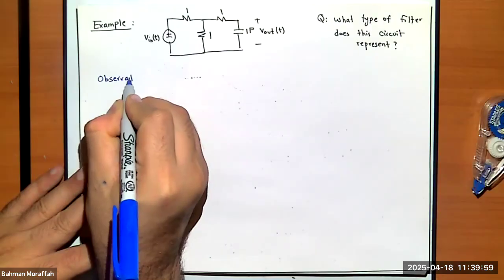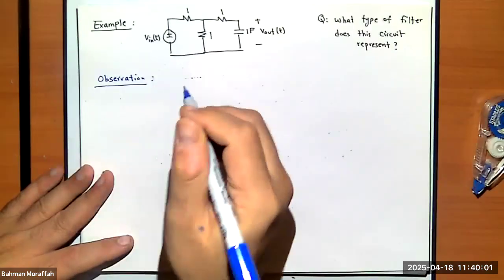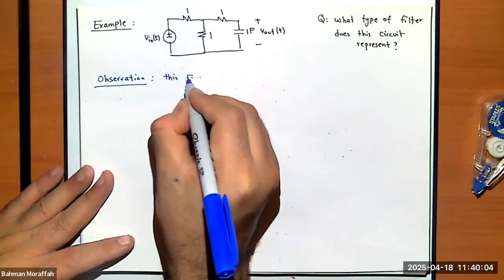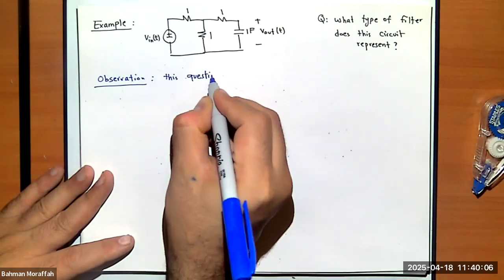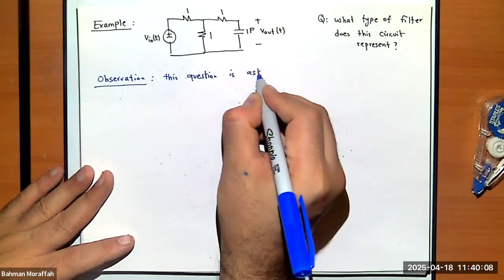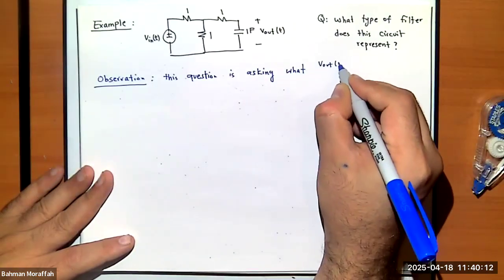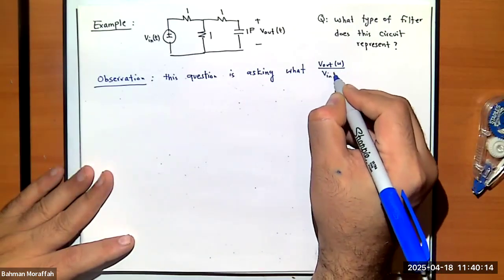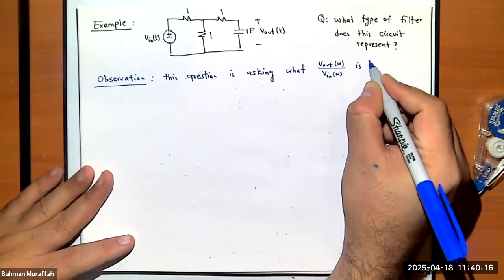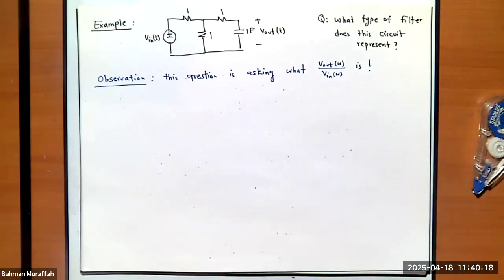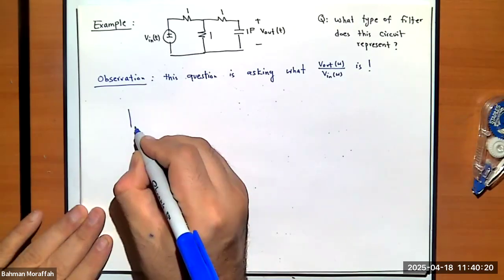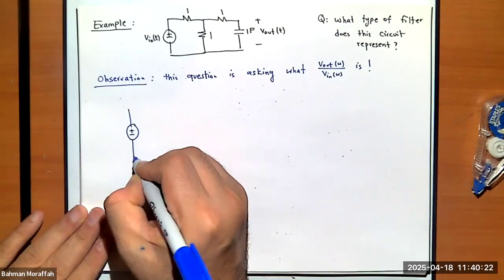So, observation. This question is asking what V out of omega over V in of omega is. Right? So I'm going to draw the circuit in the frequency domain.